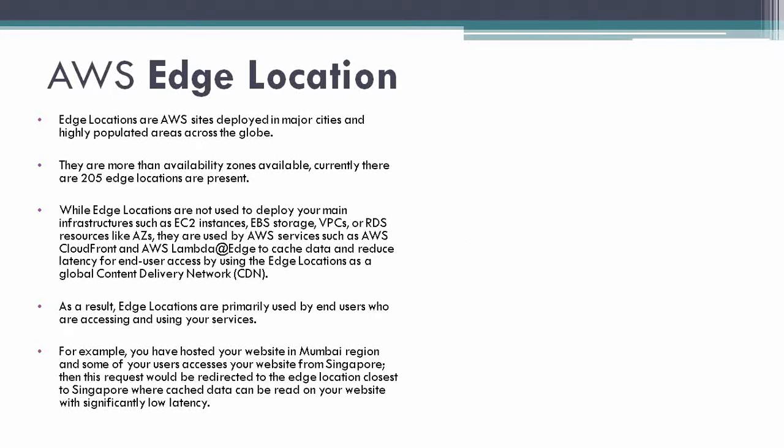So every time your Singapore user requests your data, it will be served from the Singapore edge location, not from the Mumbai region. Since the data is cached close to your end user, you will get significantly low latency and the best performance.